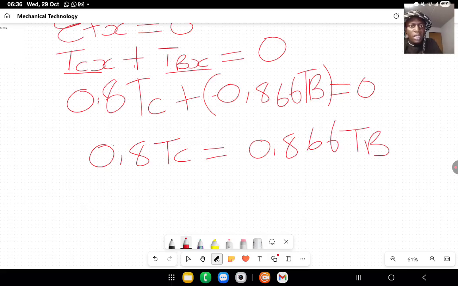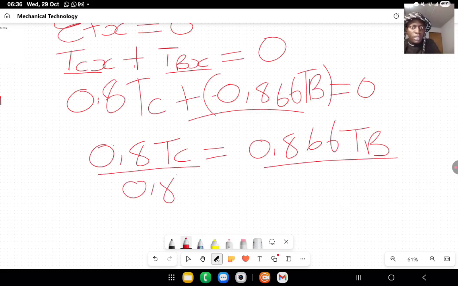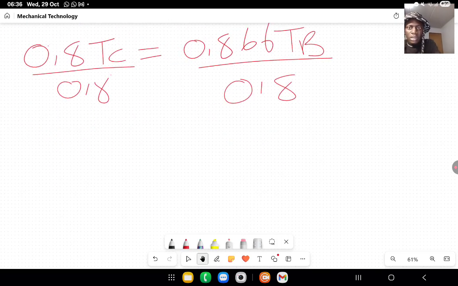We multiply negative with positive and we take this to the other side. It gives us positive. Then we make TC the subject of the formula. We divide by 0.8. Therefore, we get our TC.